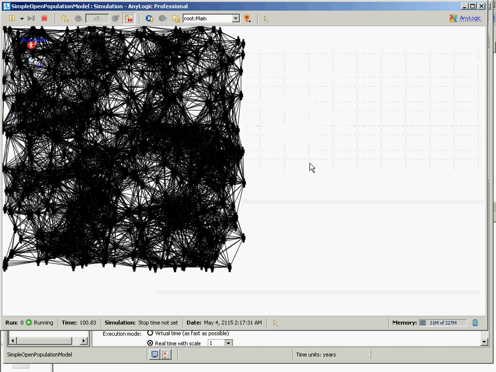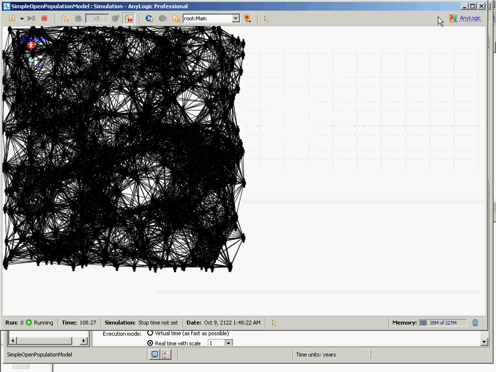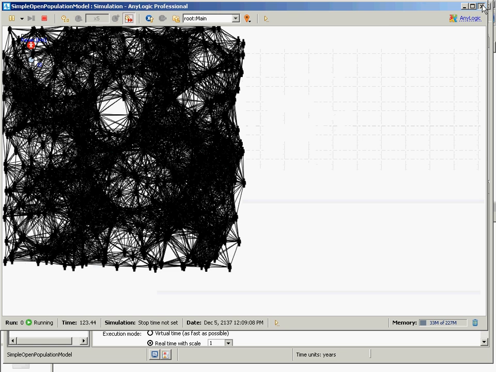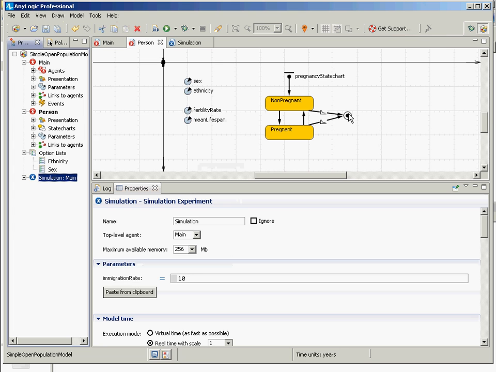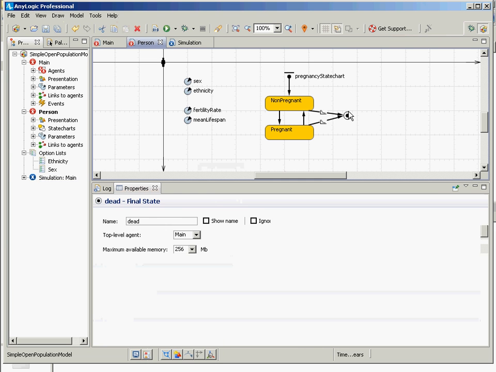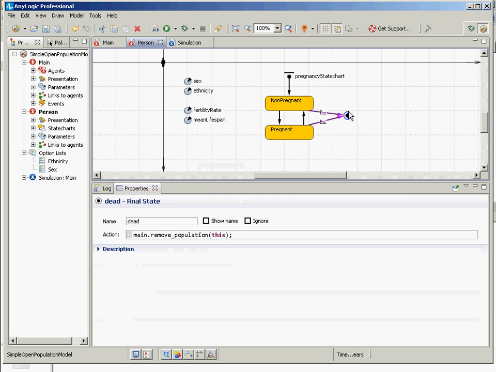Great question. So these vital processes of mortality and fertility, why are they at the level of person, whereas immigration is at the level of main?